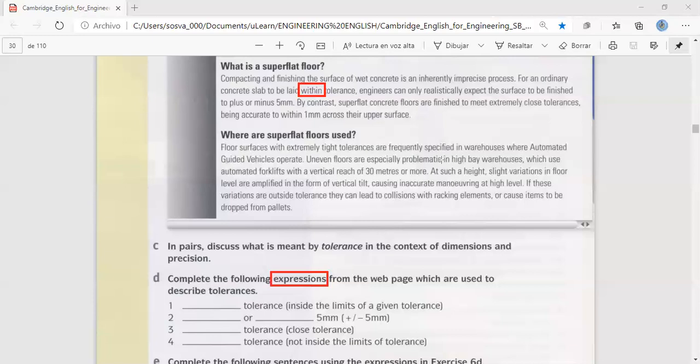So that's number one. You might write within.